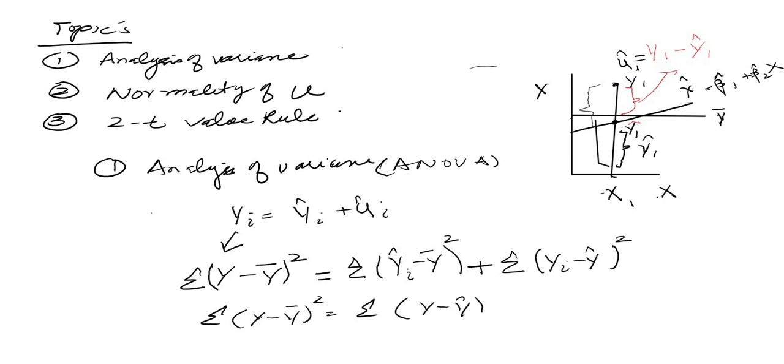We just have to incorporate another thing, which is y hat, into both expressions. This side is starting with y and ending with y bar, so this side must also start with y and end with y bar. So practically, if you take summation y minus y hat in the middle plus summation y hat minus y bar, whole square.